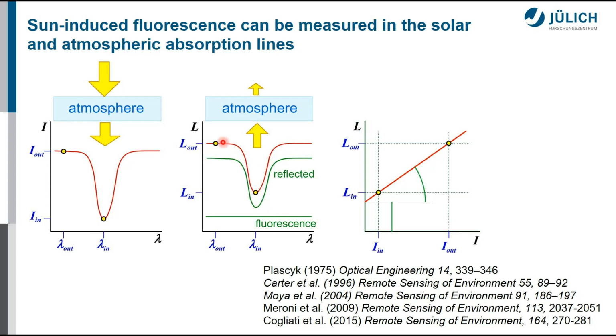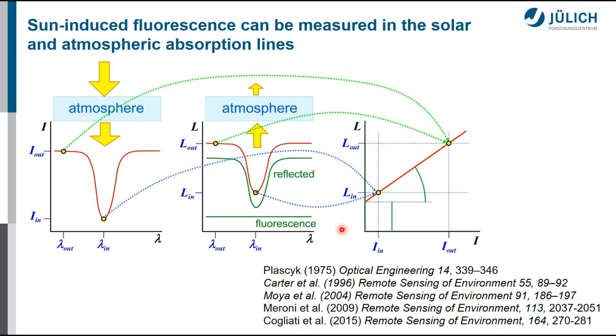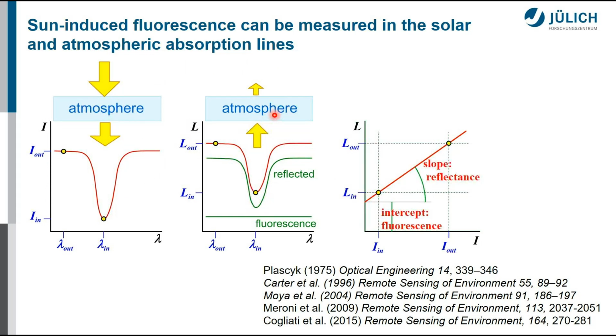And this additive shift can be resolved if you compare the differences in the incoming light across those absorption lines. A little bit schematically, you can also say this: if you compare the energy or the light which you measure outside and inside of those atmospheric absorption bands, with some mathematical retrieval you can separate the reflected from the fluorescence contribution to your measurement signal.